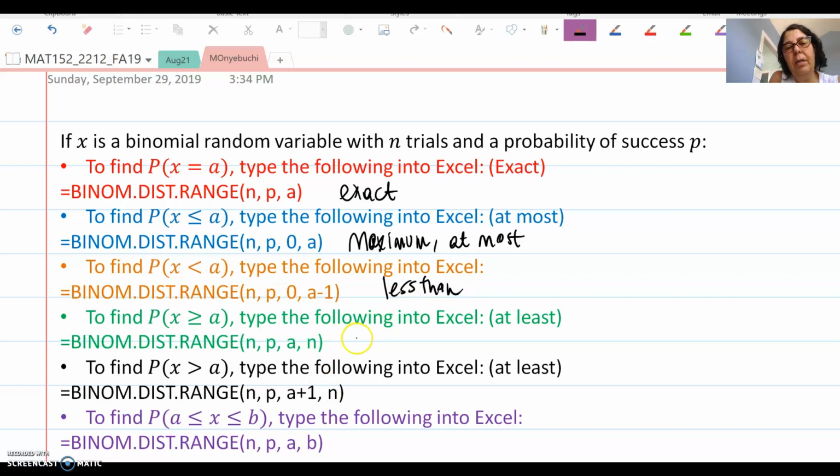The green one means minimum or at least. The black one is greater than. And the last one is between 2 variables.